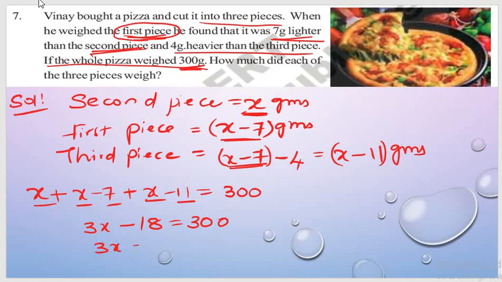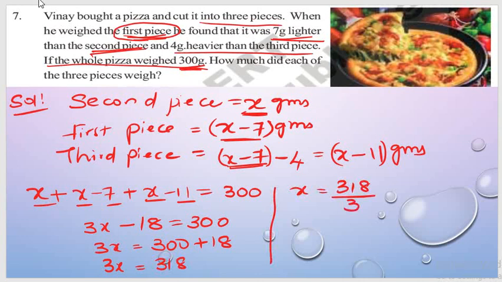If I transpose this minus 18, it becomes plus 18. So 3x is equal to 318. From this, x is equal to 318 divided by 3.